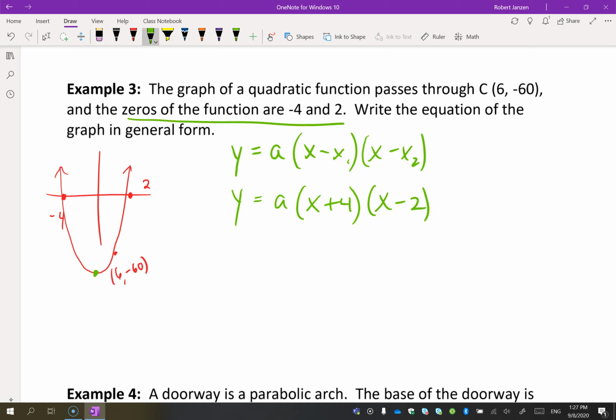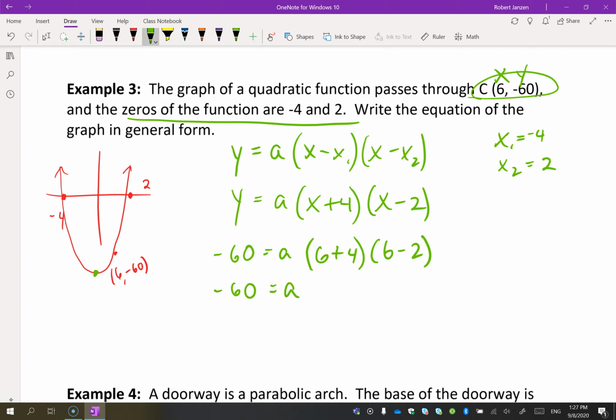The 2 zeros are right here. They're x1 and x2. So x1 is negative 4, x2 is 2. And then we'll use this other point to go in for x and y. So you have negative 60 is a, and you have 6 plus 4, 6 minus 2.